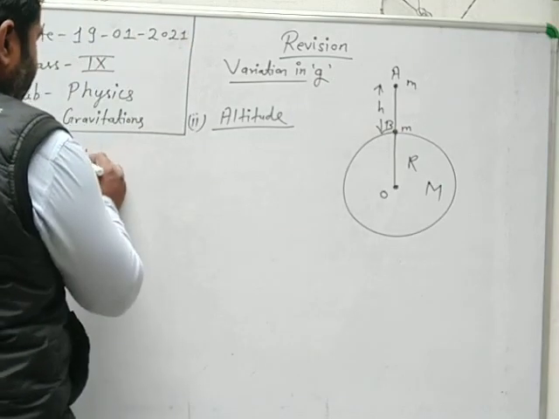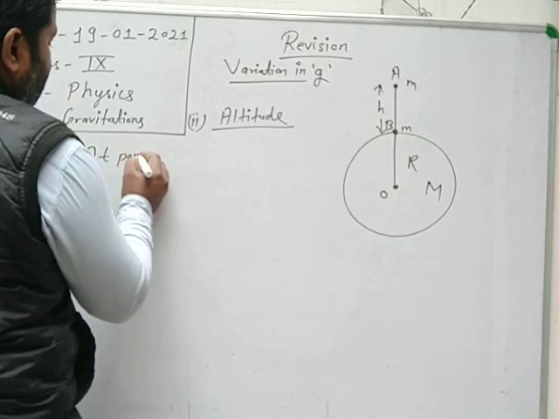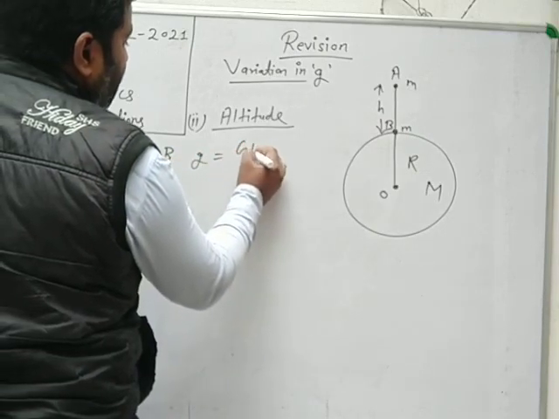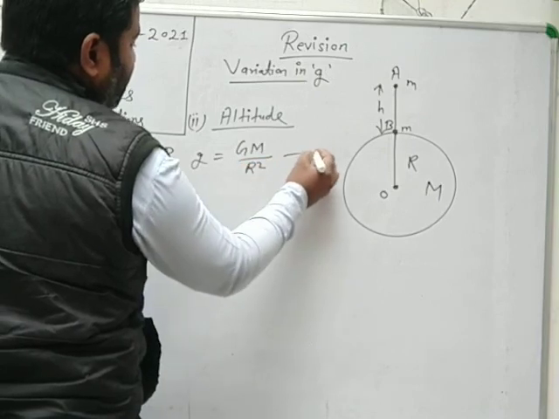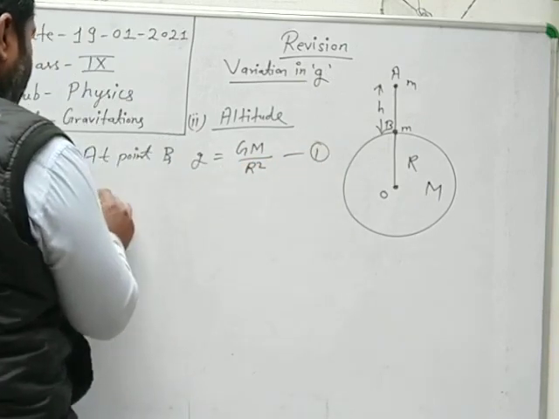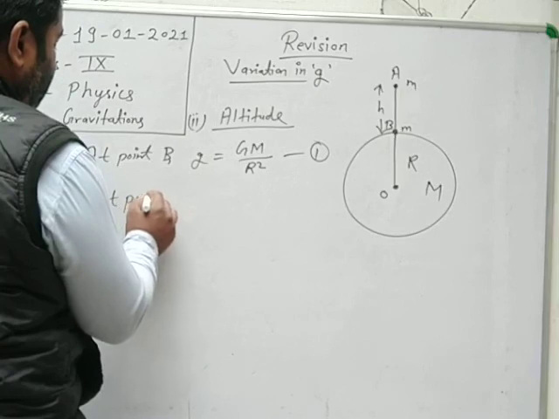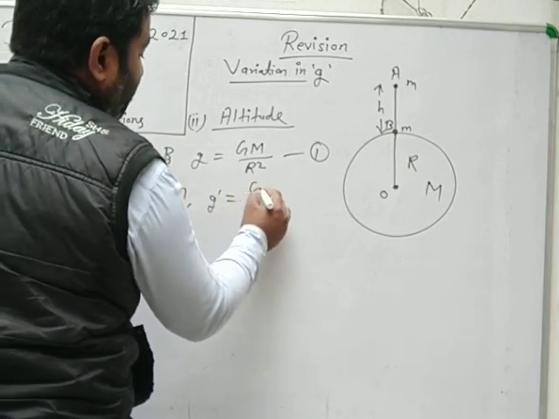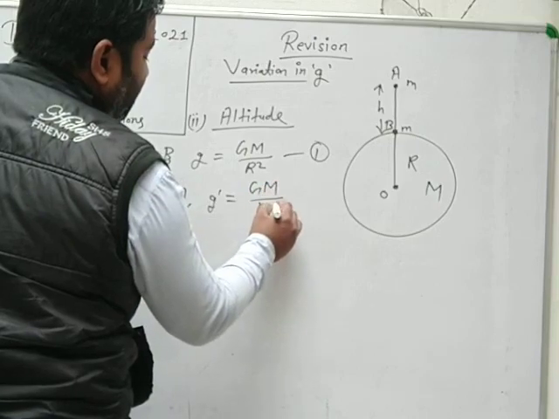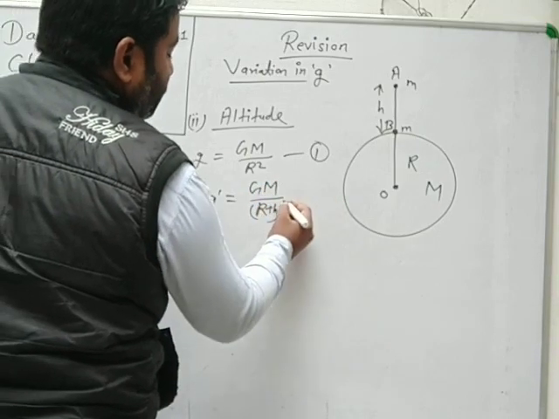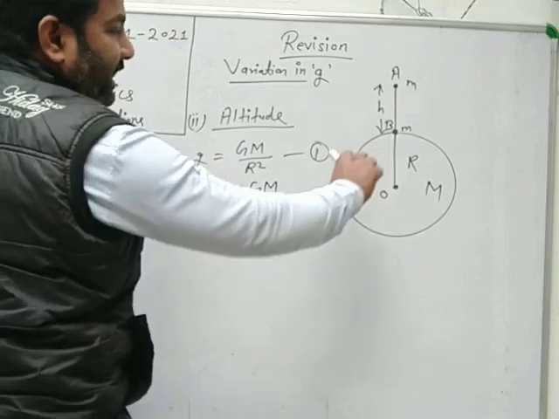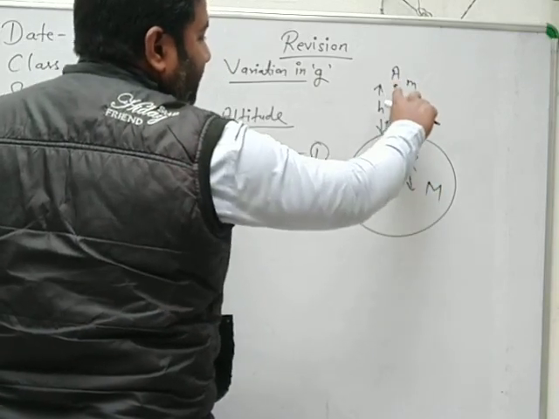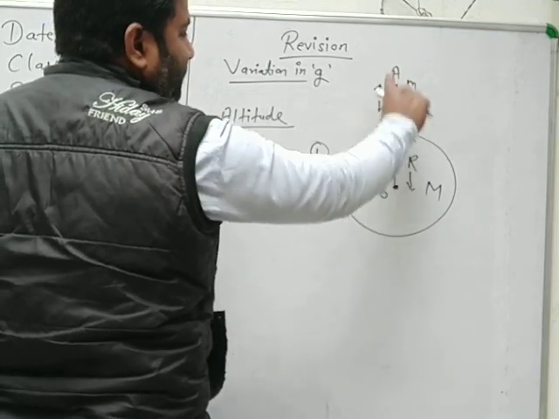So at point B, g is equal to capital G, capital M upon R square, equation number 1, and at point A, g dash is equal to GM upon (R plus h) whole square, because up to B that is R, but above B and up to A that is h, so R plus h.